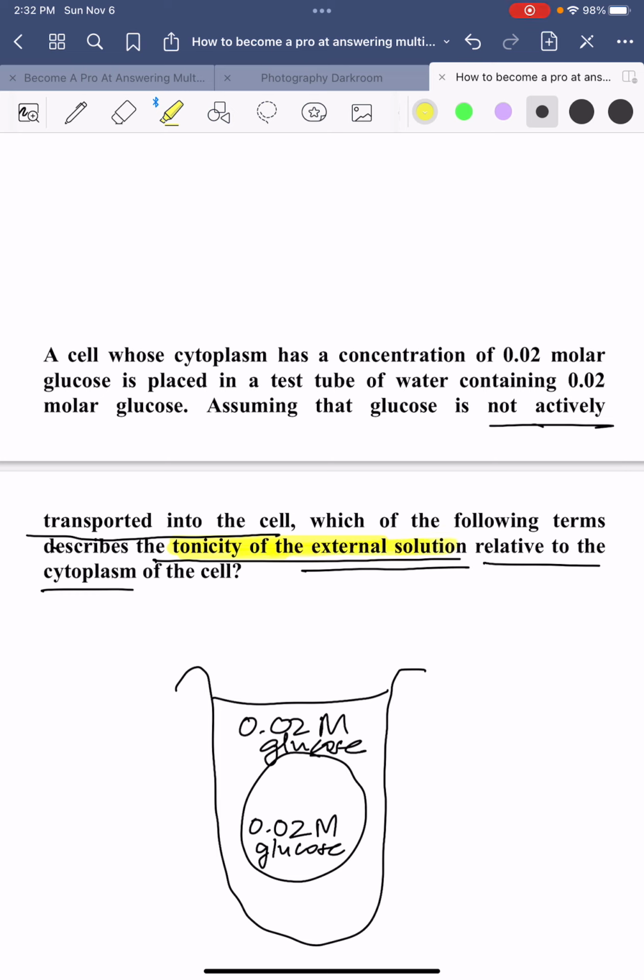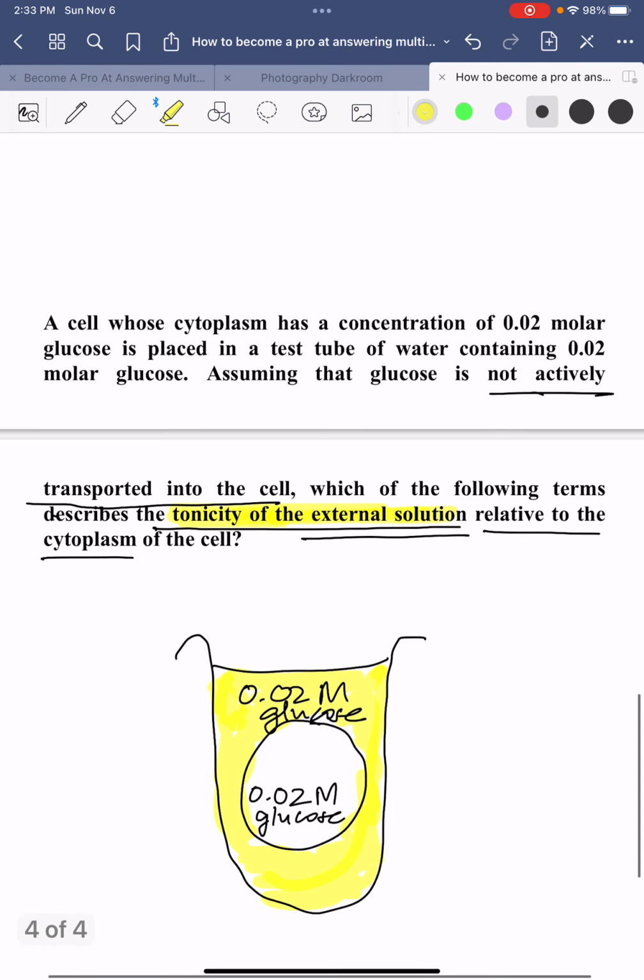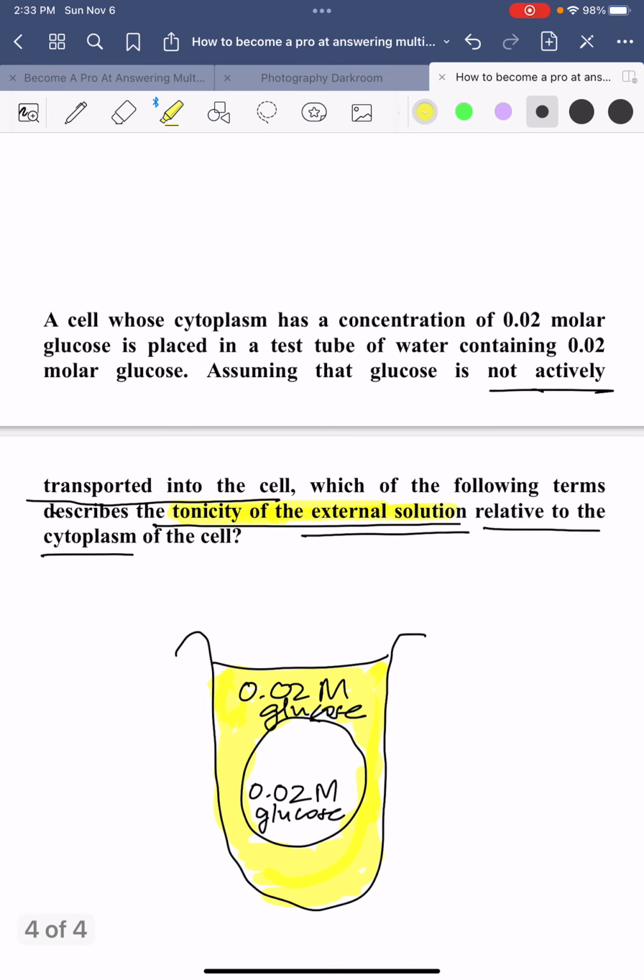Our external solution is what is surrounding our cell. So that's what they're asking us about. Sometimes it's helpful if you have a highlighter or two close by to make a little diagram like this as you read the question.